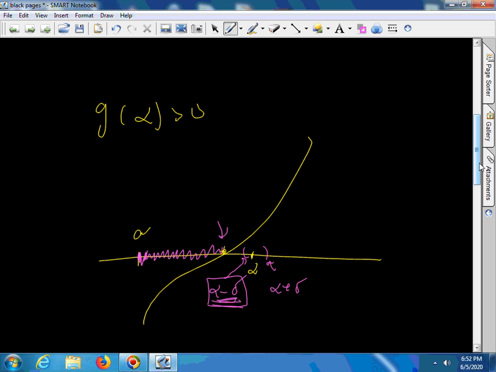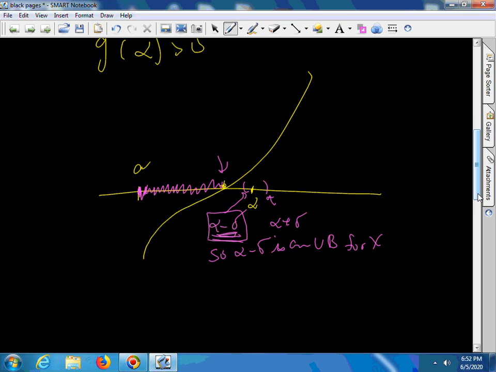But this is larger. So alpha minus delta is an upper bound for X. But here's the contradiction. Alpha minus delta is less than alpha.